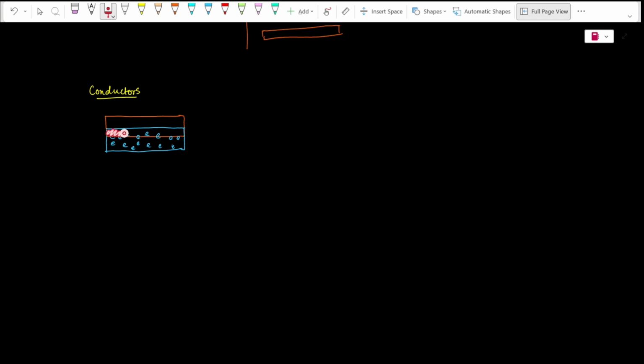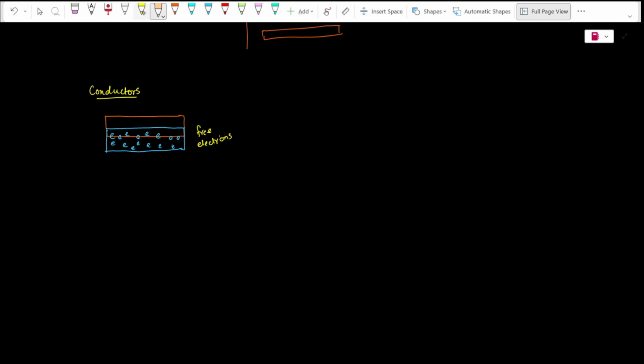There are some electrons from the valence band which share the conduction band. So these electrons do not require energy to move into the conduction band, and hence they are called free electrons. Now why are they called free electrons? Because they are free to move around without application of any energy.